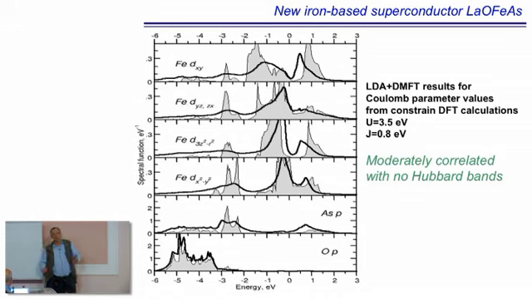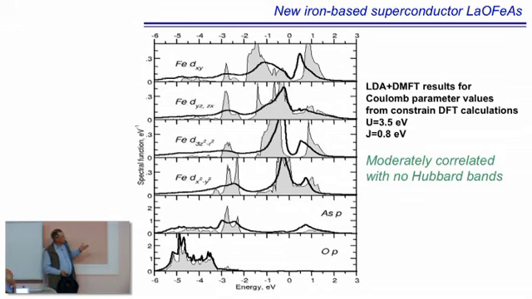So you cannot see the Hubbard band here, because if it were there, it would be in the place of the arsenic. Normally, you say whether a material is correlated or not by looking if they have a satellite in the spectra, which is an indication of a Hubbard band. But in this case, this Hubbard band would be on the arsenic, and we never see it.